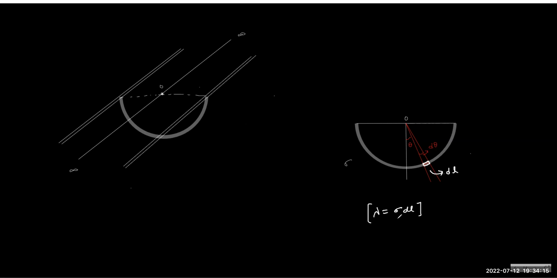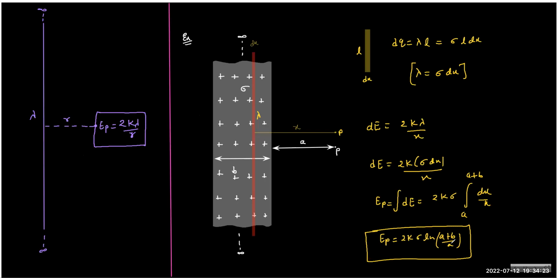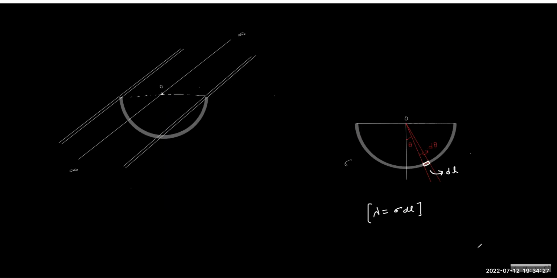Do you realize this first? This is the most important part, understanding the lambda. Here we had x to x plus dx, so dx was the width. Now here we move like this, so dl is the width. Given the radius r, I can further rewrite it as r d theta.